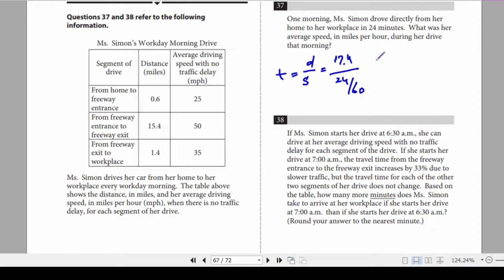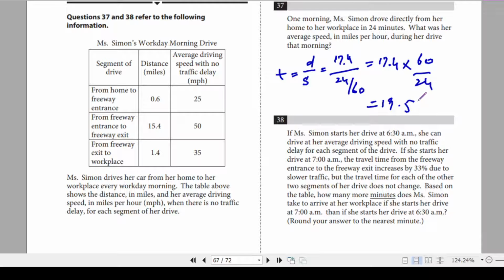That's hours actually. That will be 17.4 times 60 divided by 24, and that is 19.5.